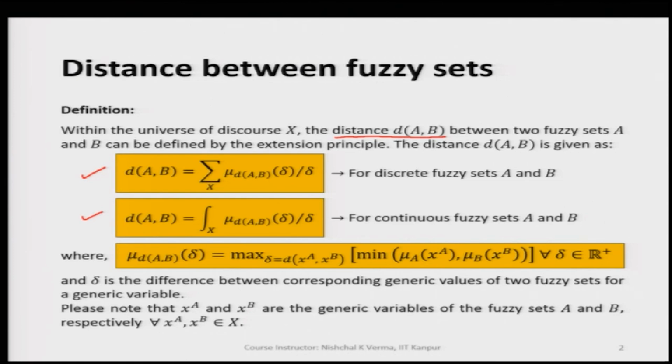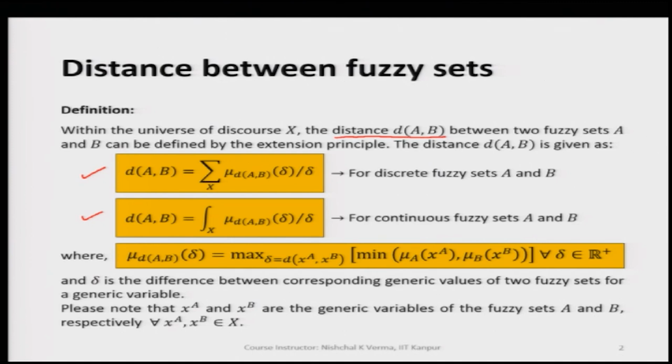Let me tell you first about the resultant. In the case of discrete fuzzy sets, the result is a discrete fuzzy set, meaning the distance will be a discrete fuzzy set. So, in a way we can say the distance is itself a fuzzy set.